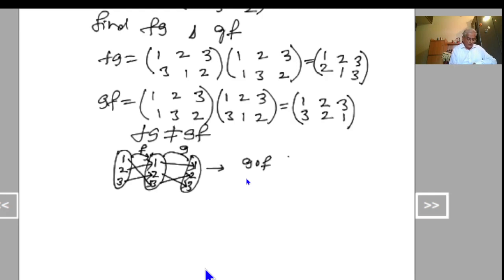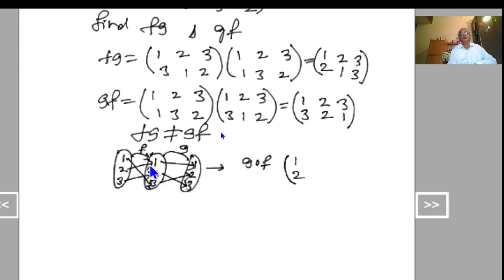And what is G composition F? See, 1 goes to 3, 3 goes to 2, means 1 goes to 2. 2 goes to 1, 1 goes to 1, that is 2 goes to 1. 3 goes to 2, 2 goes to 3, that is 3, 3.